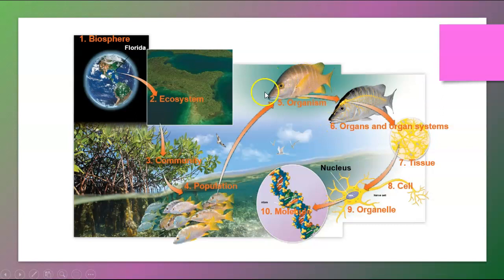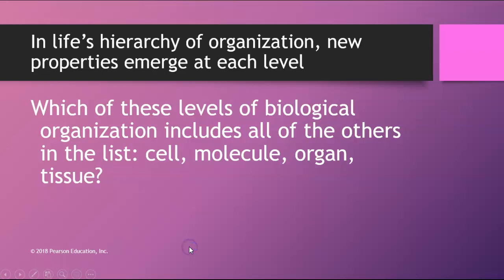The organism as a whole is composed of all of those different organs and organ systems. And as a member of the population, if you've ever seen videos of fish swimming in schools and how they can all turn together, you can see that's a property that the school would have that wouldn't necessarily be in the single organism. Last question, which of these levels of organization includes all of the others in the list?